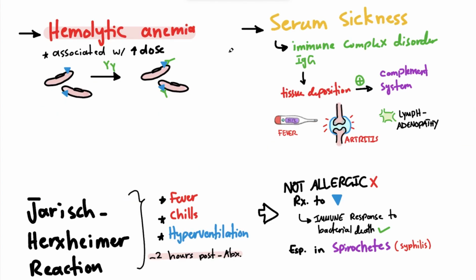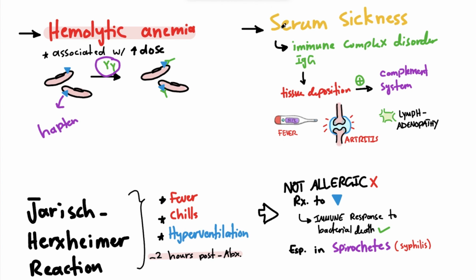Moving to the next important side effect, it's hemolytic anemia. So again, this tiny molecule, penicillin, is acting as a hapten. Only when it binds to RBCs does the immune system become alert and attack it. This leads to hemolytic anemia. Another important complication is serum sickness.